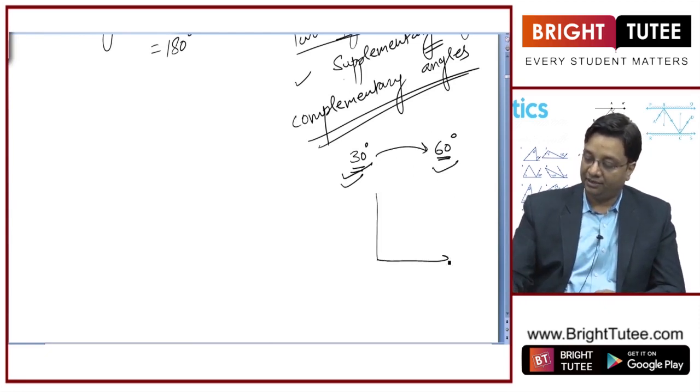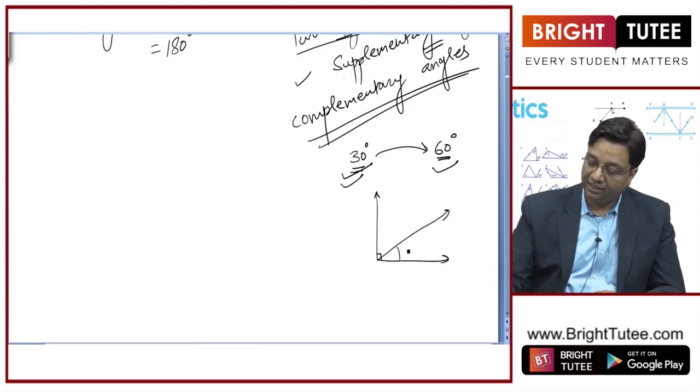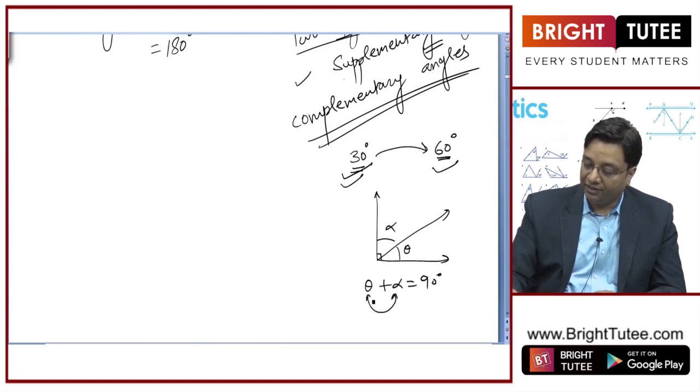So if I have a right angle and I draw another ray here, if this angle is theta and this angle is alpha, then theta plus alpha is 90 degrees, and theta and alpha are complementary angles.